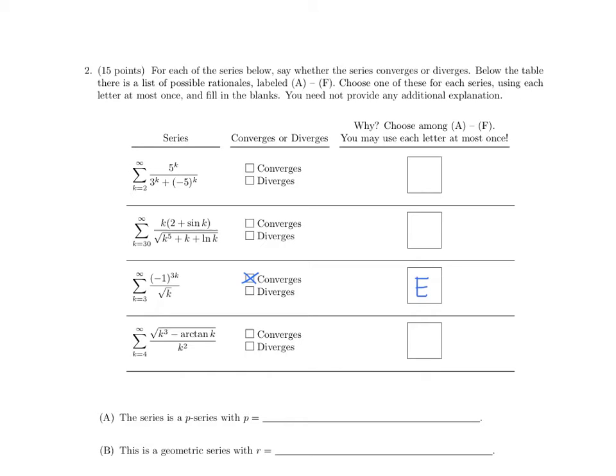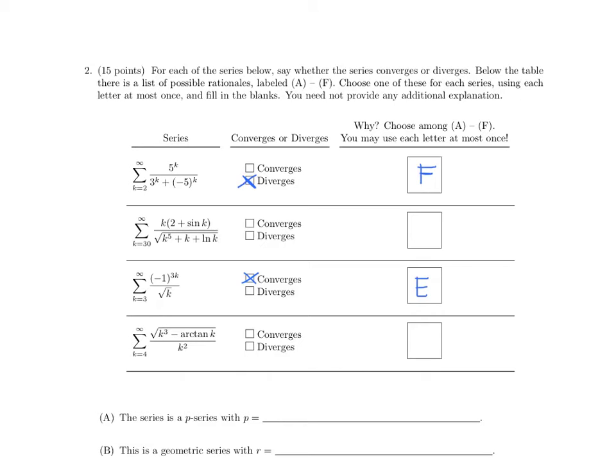How about that? If the limit of the terms is not 0, which in this case does not exist because the magnitude of the terms is approaching 1 as k goes to infinity, and it's alternating in sign every consecutive k value. And so this right here is going to diverge, and that's going to be because of the nth term test.